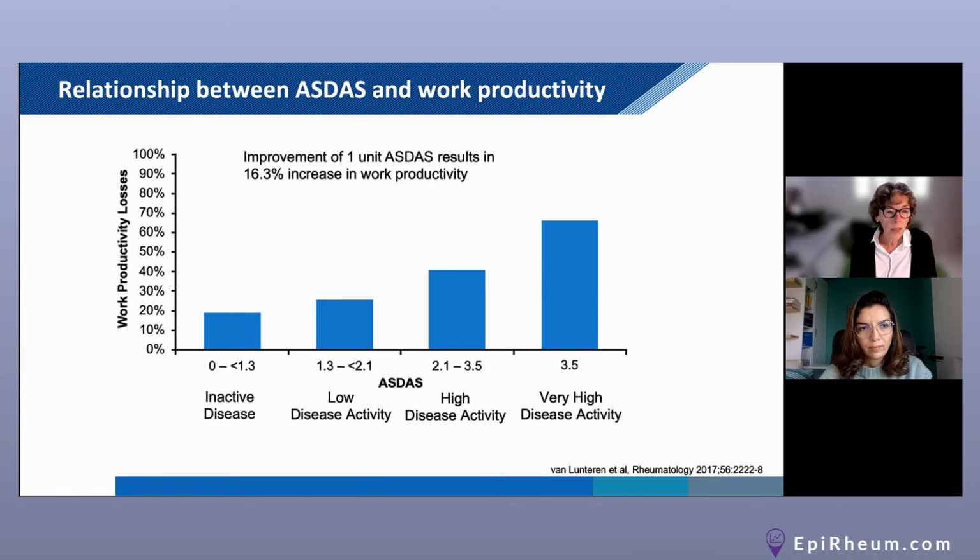We also assessed the relationship between the ASDAS and work productivity. This was done in the SPACE cohort in Leiden. And you also see that there is a very clear relationship between the various classes of ASDAS and the work productivity.